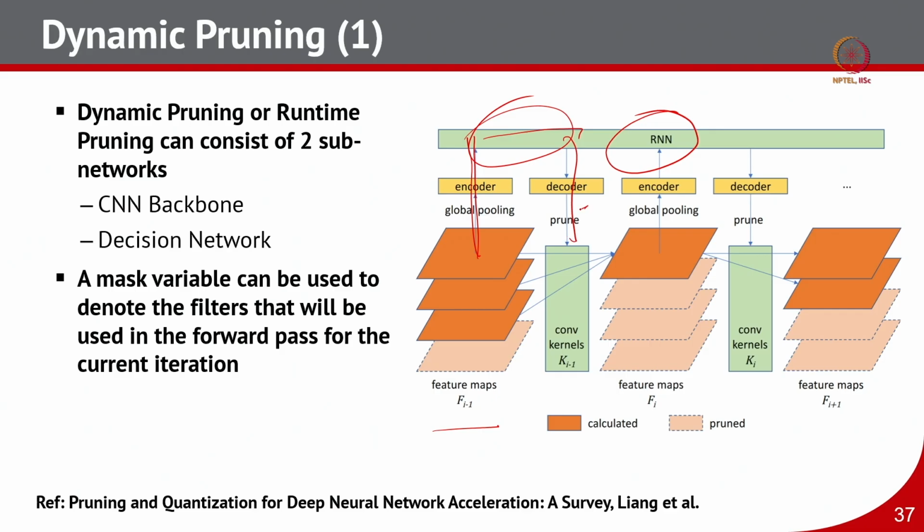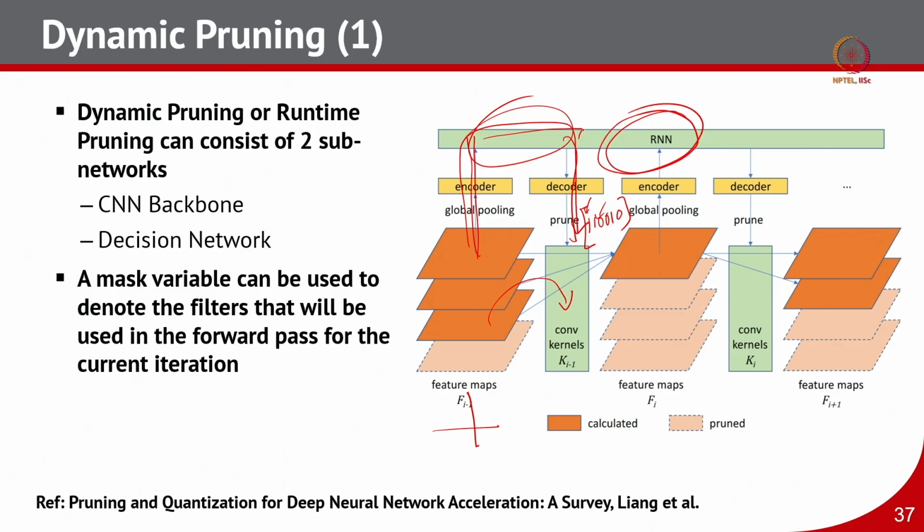Specifically, it gives a vector or string of binary values, where 1 means that a particular channel can be pruned and 0 means the channel should not be pruned, or vice versa. So, the bottom line is, it takes the feature maps. The feature maps are used by the convolutional network, and at the same time they are also used to determine which channels need to be pruned.